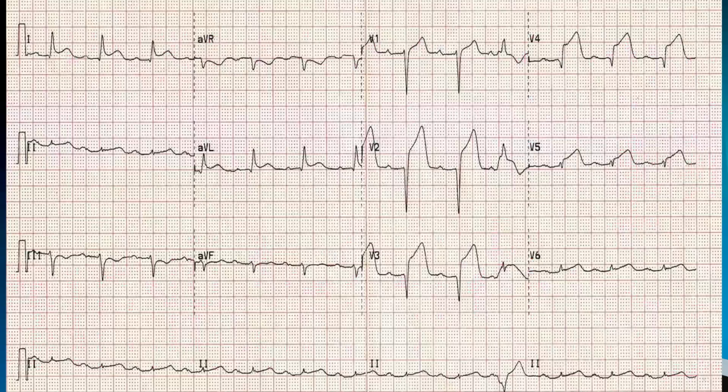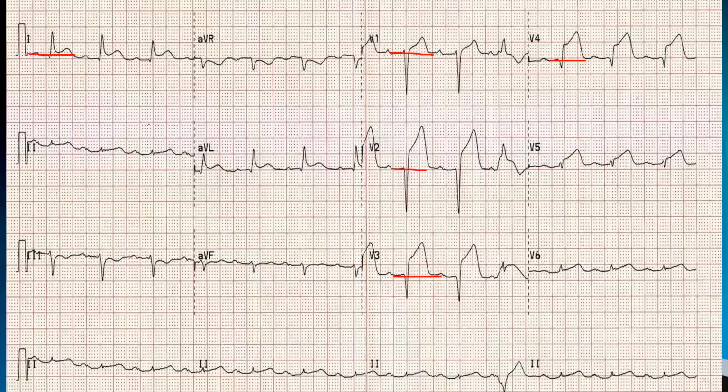Now tell me what you have found out from this ECG. So let's look at one by one. V1 ST elevation, V2 obviously ST elevation, V3, V4, V5, V6 not too much.